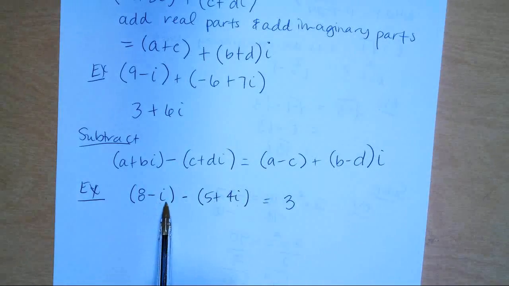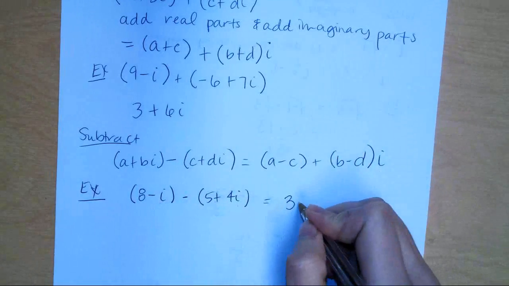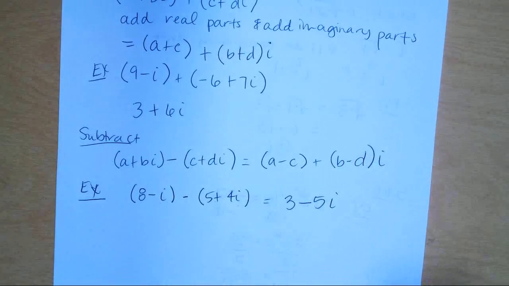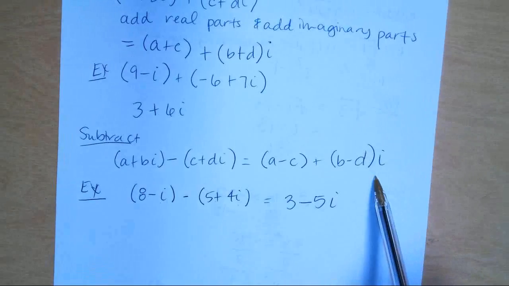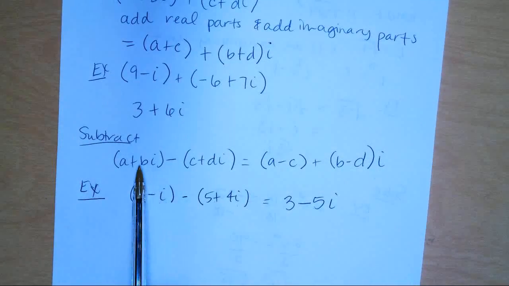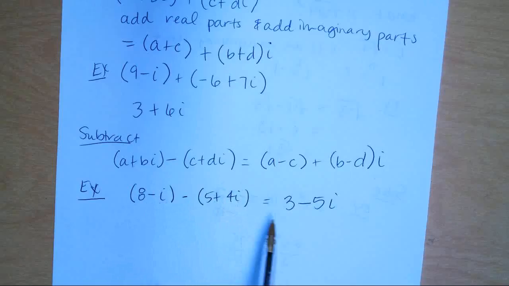So negative i minus 4i is negative 5i. Again, the most important thing to remember is that you distribute that negative sign. Okay, well that's what we're doing. We're taking the negative i minus 4i and it's becoming negative 5i.